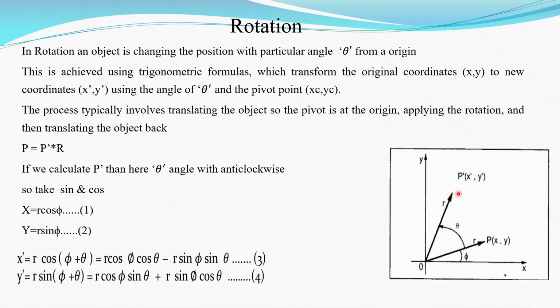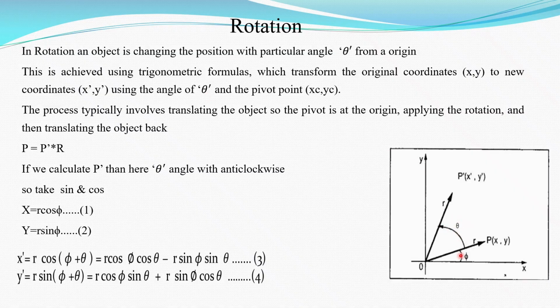Whatever the change with the help of the angle, we denote it as P dash, with coordinates x dash, y dash. Here R represents the radius, the distance from the origin to the point. This is achieved using trigonometric formulas. Why? Because we are dealing with an angle, right?